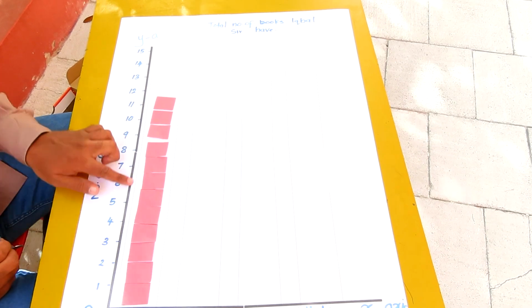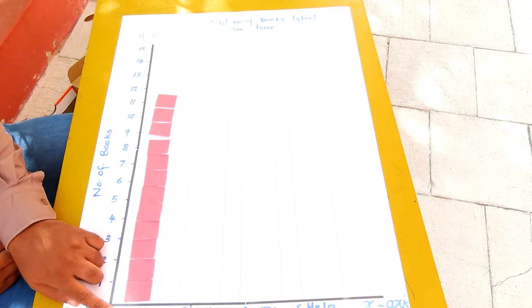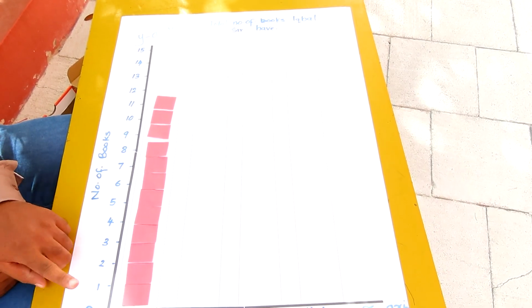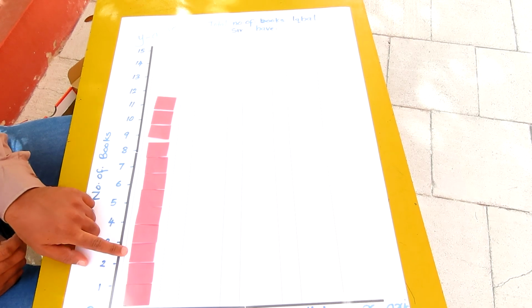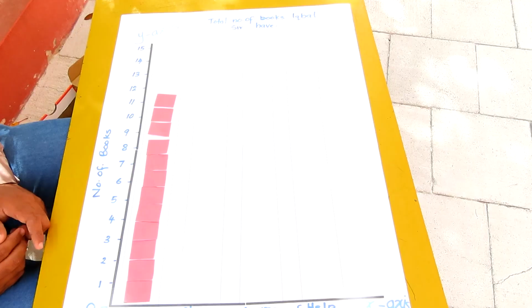So these 12 red counters represent the total number of comic books I have. So I have a total of 12 comic books. Each red counter represents a comic book I have.